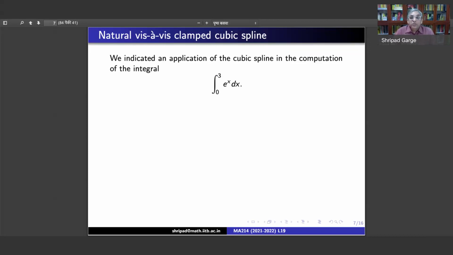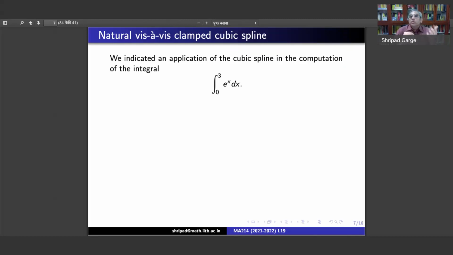So we have the integral from 0 to 3 of e power x dx, and we indicated how we can just split it up as an integral 0 to 1 of s0 plus integral 1 to 2 of s1 and integral 2 to 3 of s2. And because s0, s1, s2 are polynomials, it is typically easy to compute those integrals, and that is one application of natural splines.